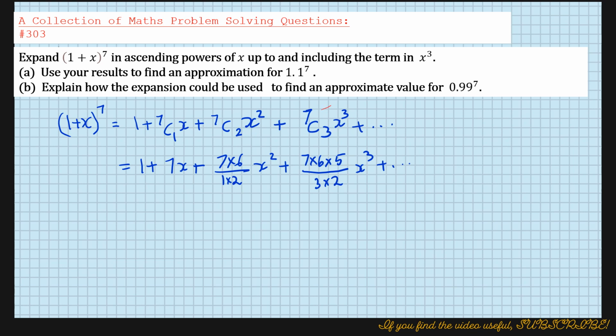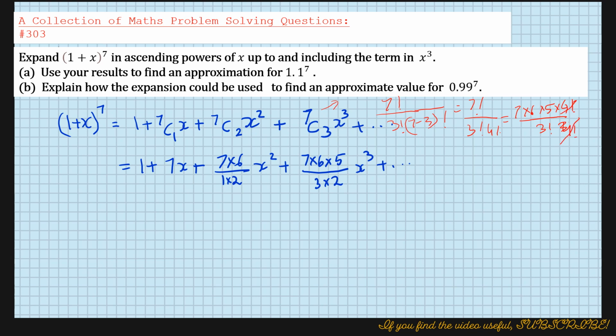7C3, that would mean factorial 7 divided by factorial 3 times factorial 7 minus 3, and that would give you factorial 7 divided by factorial 3 times factorial 4. So that would give you 7 times 6 times 5 times factorial 4 divided by factorial 3 factorial 4.